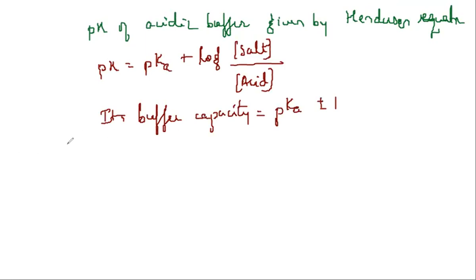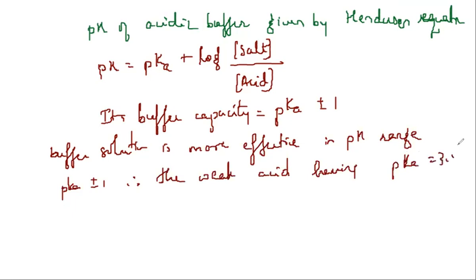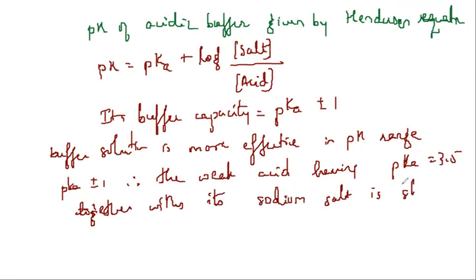So since the buffer solution is more effective in the pH range where pKa is plus or minus 1, the weak acid having a pKa around 3.58 together with its sodium salt has to be chosen.